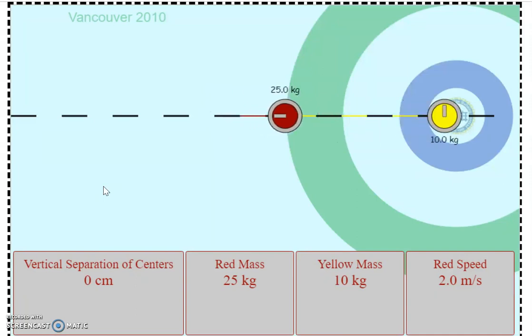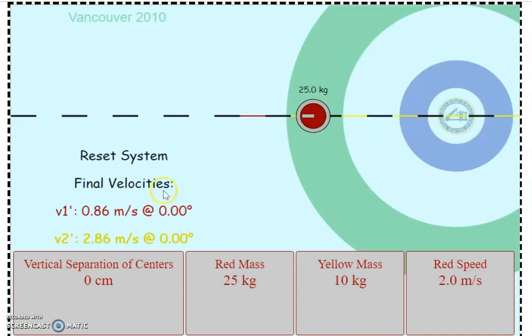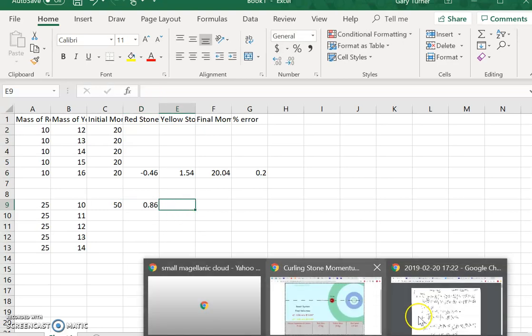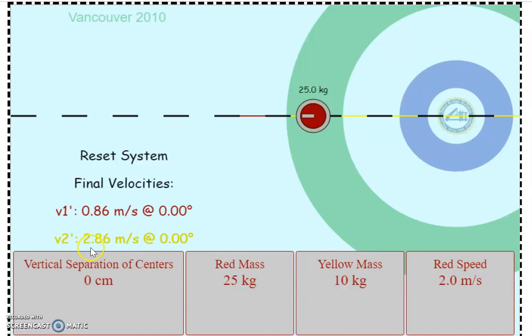And this time they both move in the positive direction, right? And so here the final velocity of the red stone is 0.86. So let's put that here, 0.86. And the final velocity of the yellow stone is 2.86.